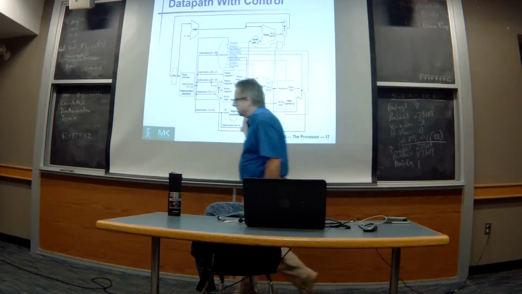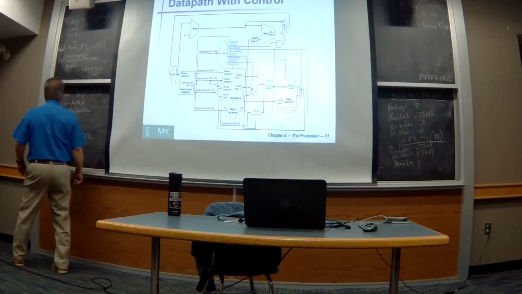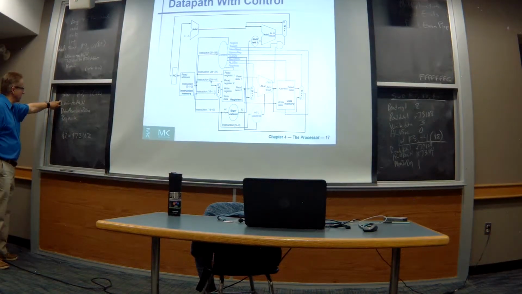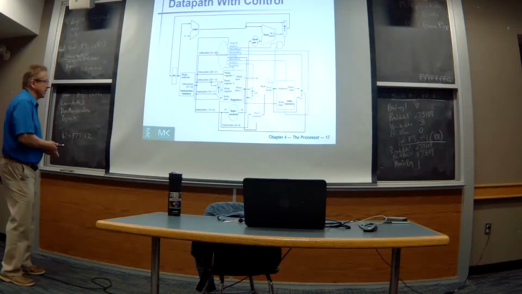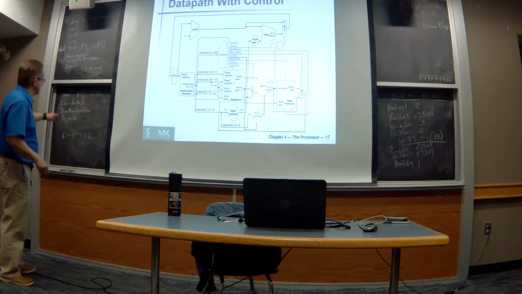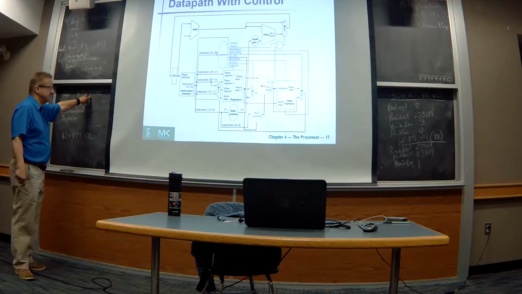Okay, so for the store word, here's our instruction, and we're looking for the lower input into the ALU. On both a load and a store, the lower input into the ALU is always the offset value.